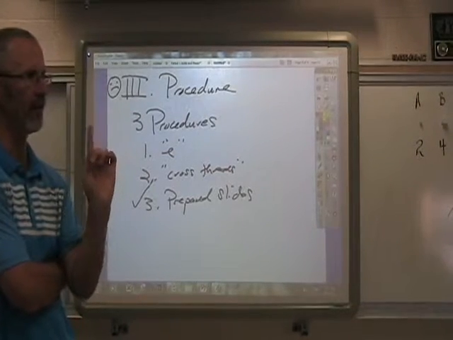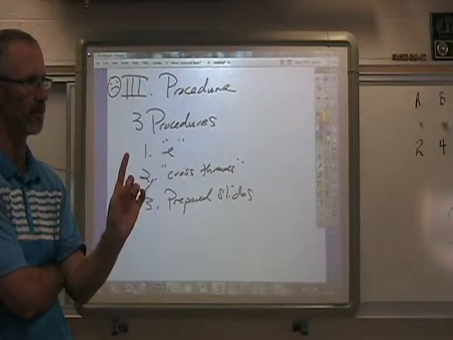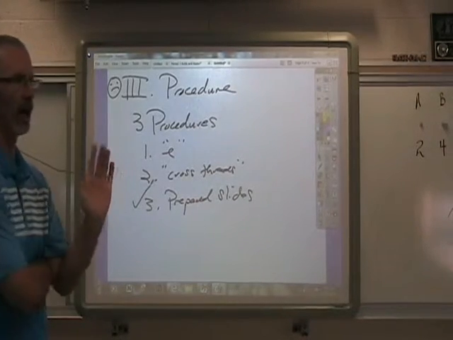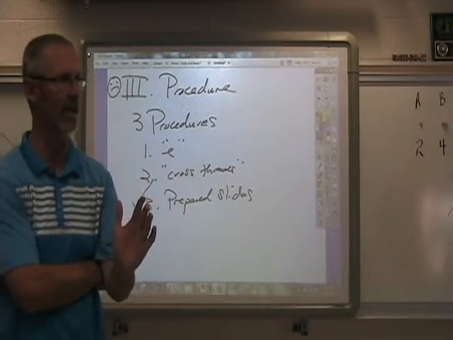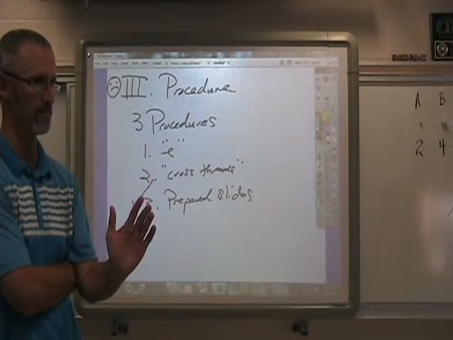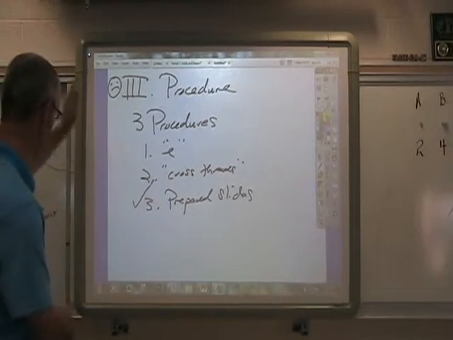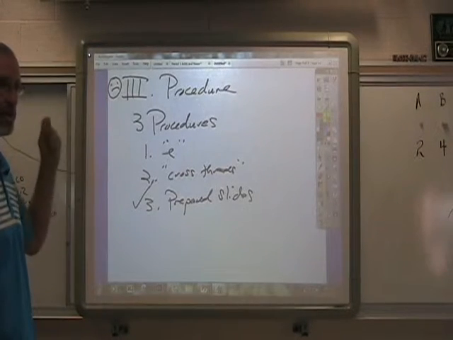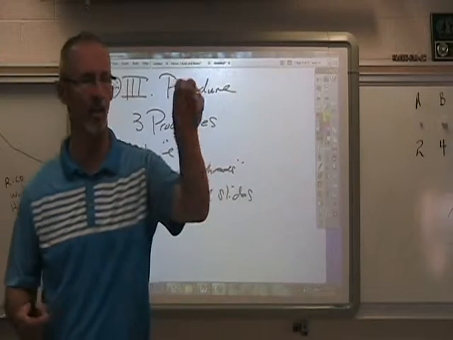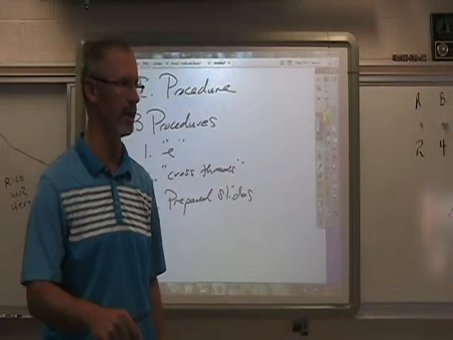Now, I don't mean to offend any humans when I say this. Is everybody listening while they write? When you do the procedure, I want you to write this as if you're writing it for the dumbest person that ever lived. Because the question is, how many steps do we need? You need as many steps as you need to lead somebody through exactly what you did, but you're not here.